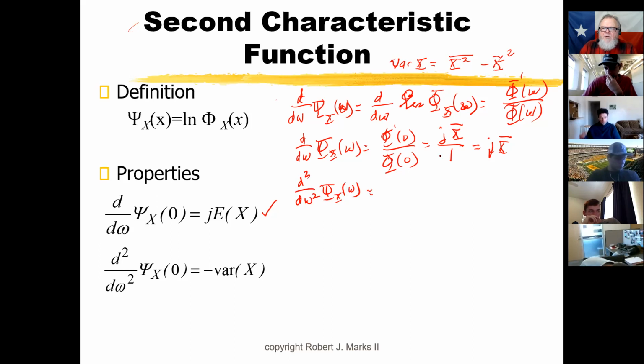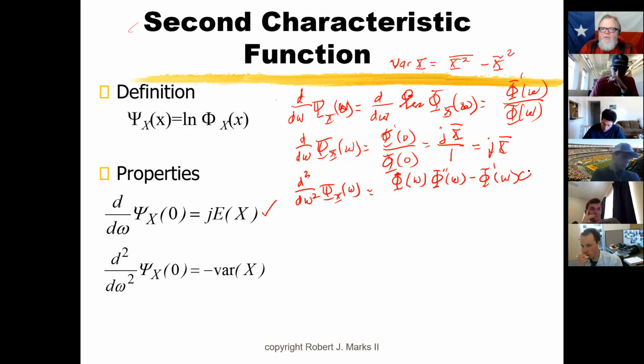The second derivative, I don't know if you remember your quotient rule, but it's the denominator times the derivative of the numerator, minus the numerator times the derivative of the denominator, divided by the denominator squared.